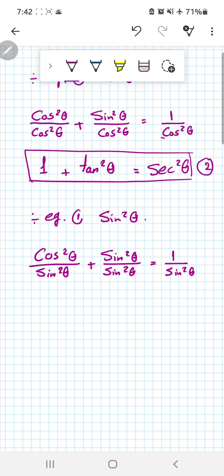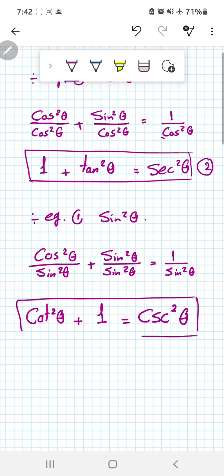Cosine over sine is the reciprocal of tan, which is cotan. So we have cotan power 2 theta plus 1 equals 1 over sine, the reciprocal of sine, which is cosec, power 2. And this is the third trigonometric identity.